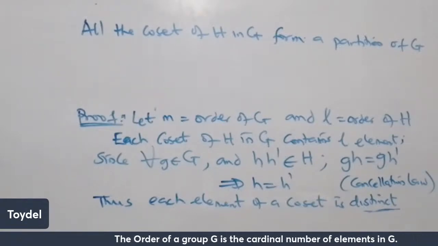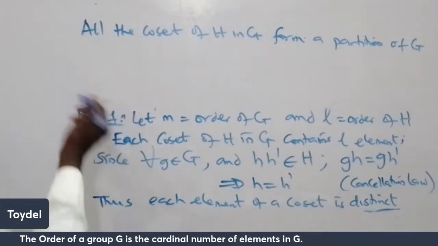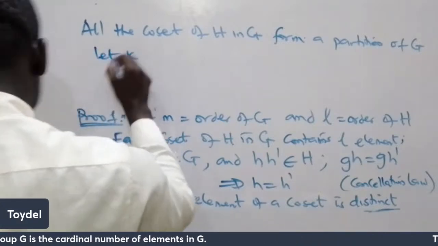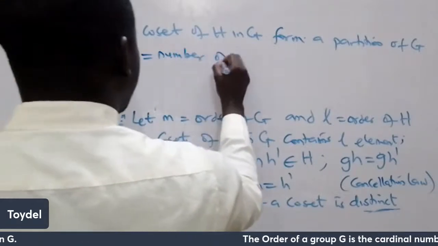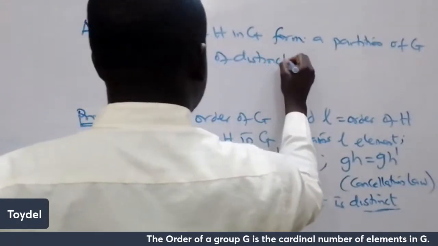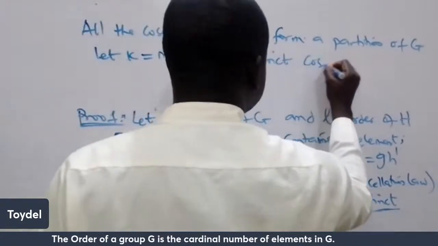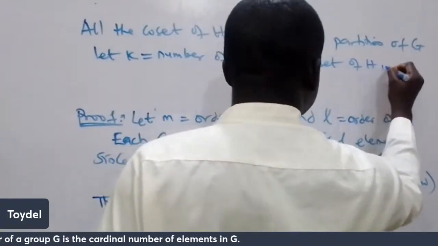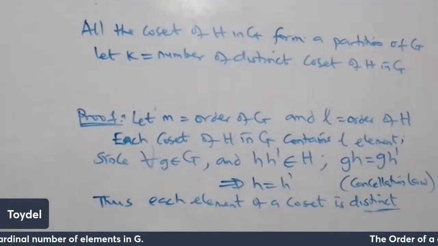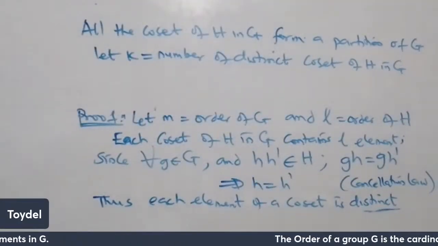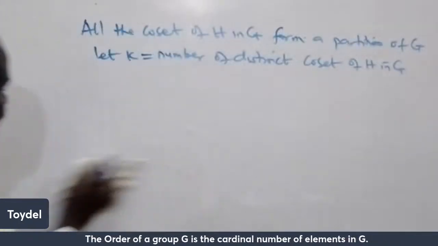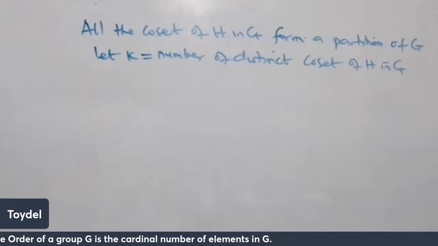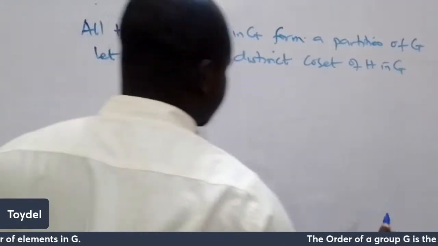If that is taken, then we can let K, this is also an element too, be equal to the number of distinct cosets of H in G. Yesterday in our last class, when we talked about cosets, we talked about the index of that coset, that is, the number of distinct elements we have in that coset.